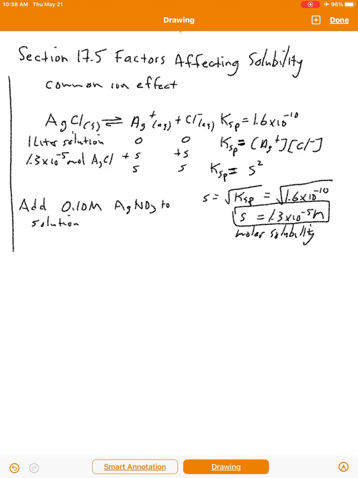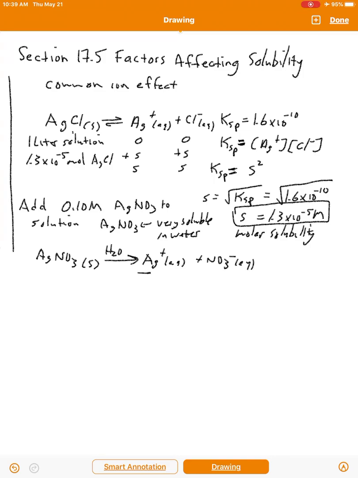Silver nitrate is a nitrate, which means that it is very soluble in water. So if we try to dissolve 0.1 moles of silver nitrate into a liter of water, it will all dissolve, resulting in the formation of 2 ions, the silver ion and the nitrate ion.